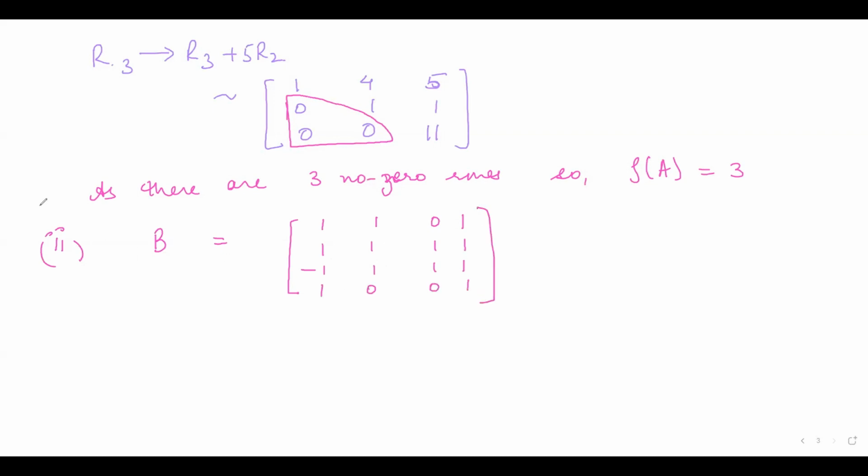Using the same method, I need to make them 0. So I'll be taking the elementary row operations.